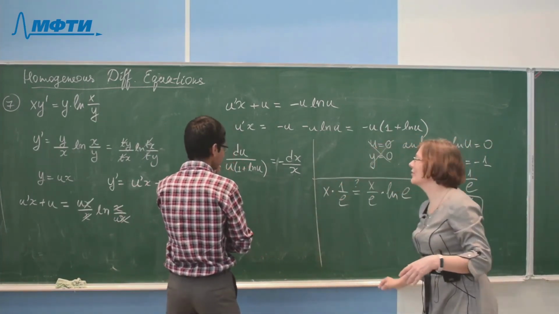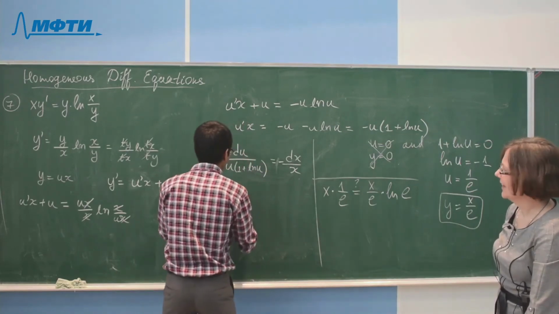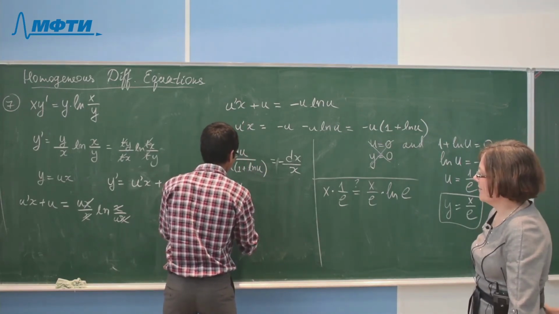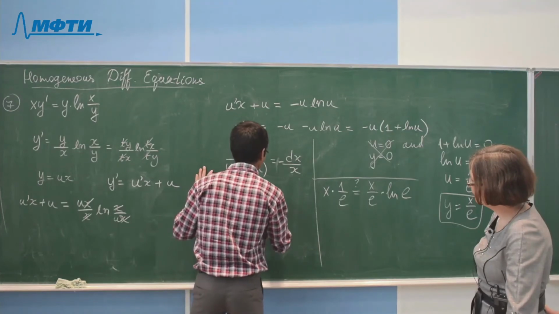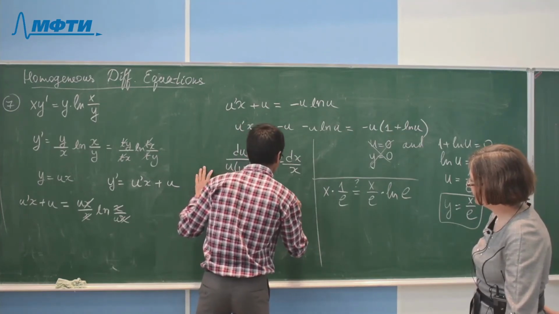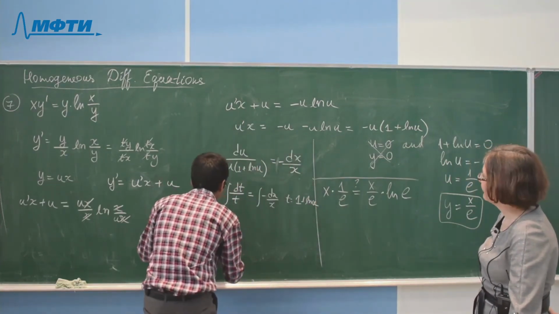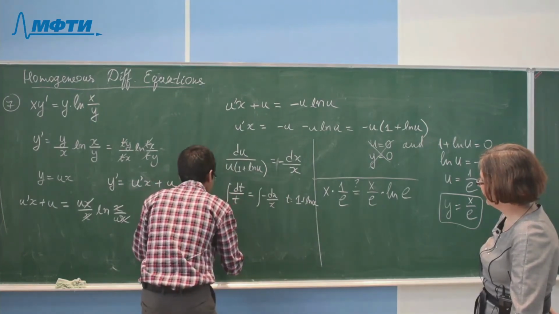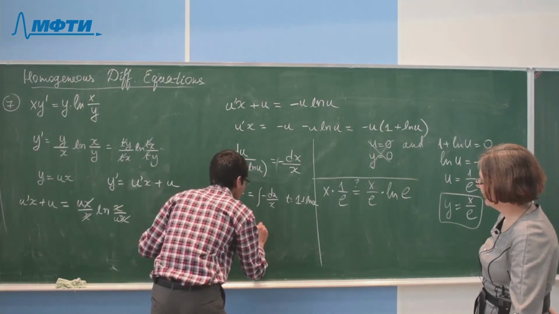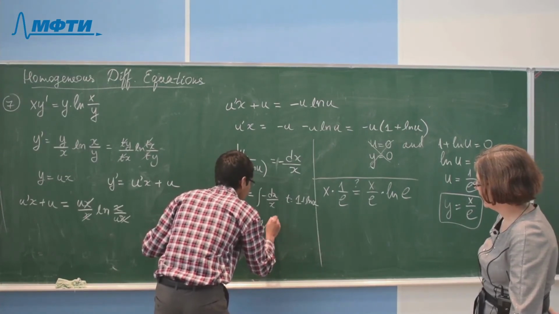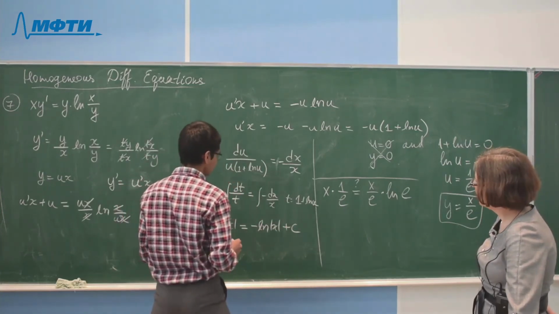Okay. So integrate, where t is correct. Now substitute 1 plus ln u for t.